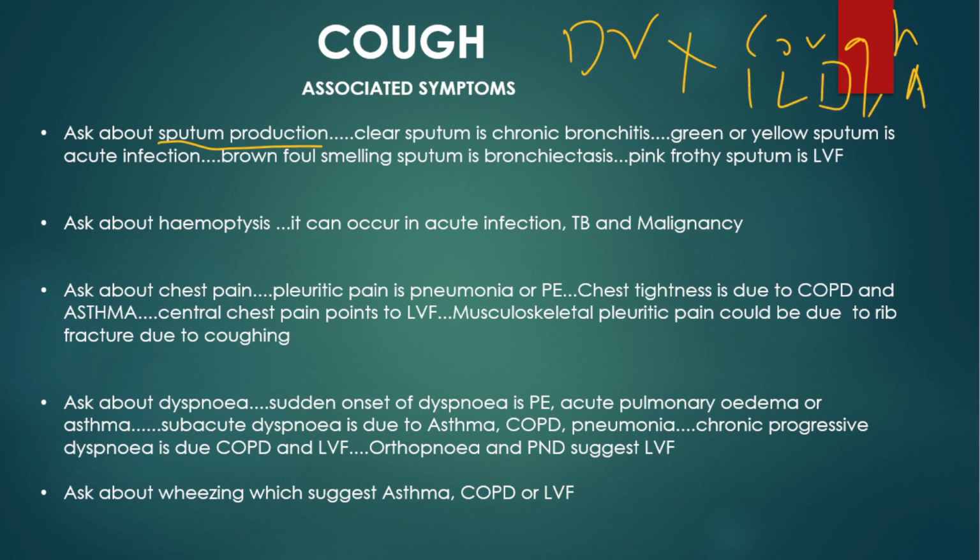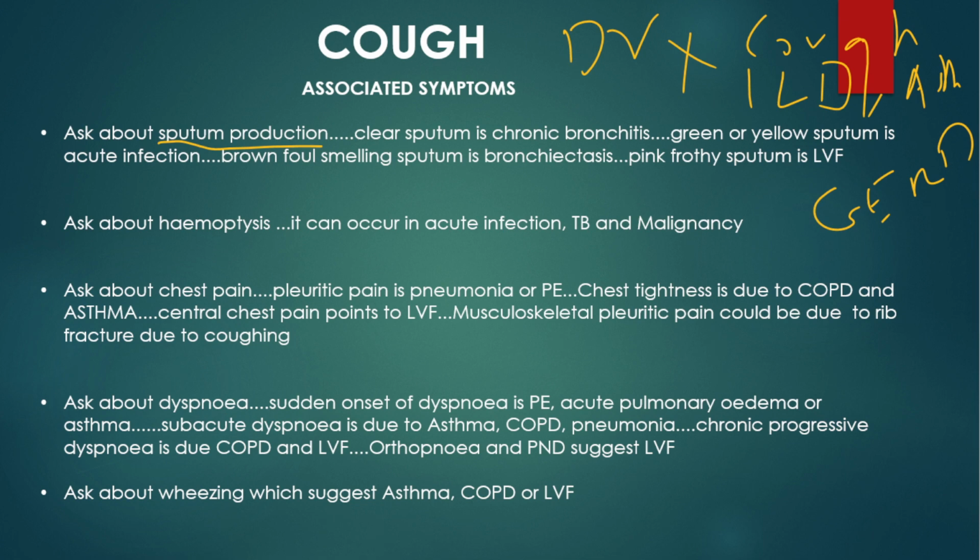Two, asthma. Three is GERD associated cough. So, if the patient is complaining of just dry cough, these three DDs have to be in mind. Sometimes acute viral infection also causes dry cough.